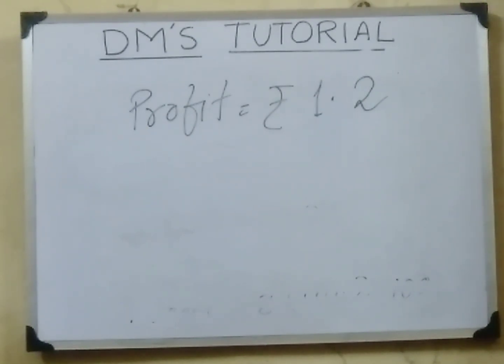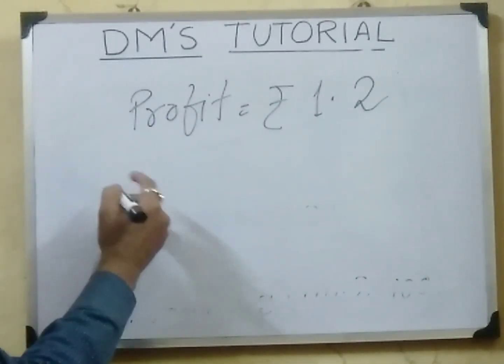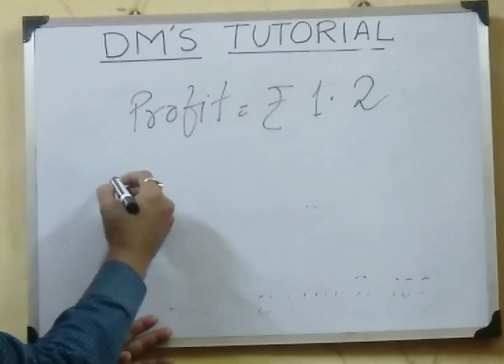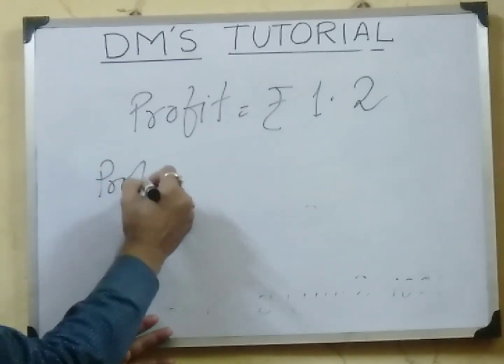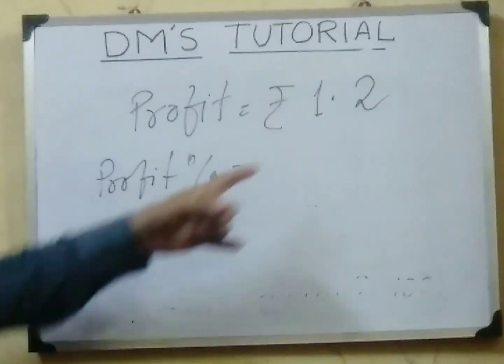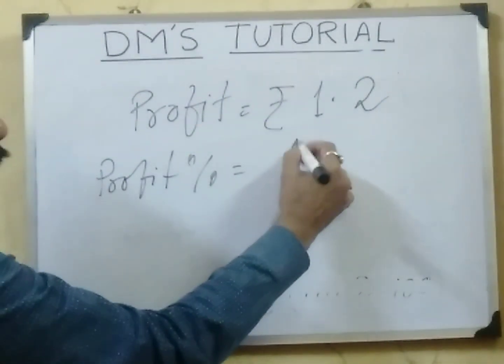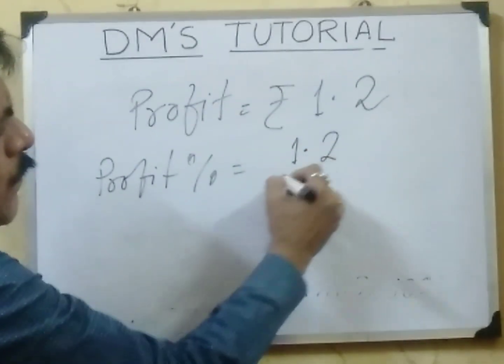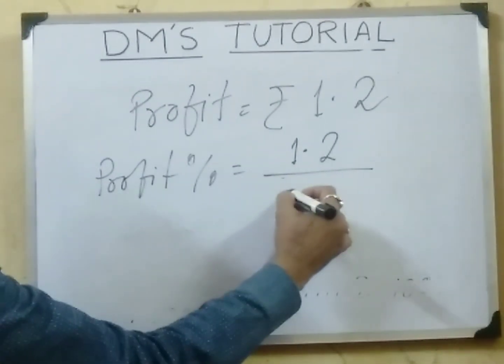We are going to find the profit percentage from here. So what is the profit percentage? Profit percentage is equal to profit amount by the primary amount, that is rupees 100.